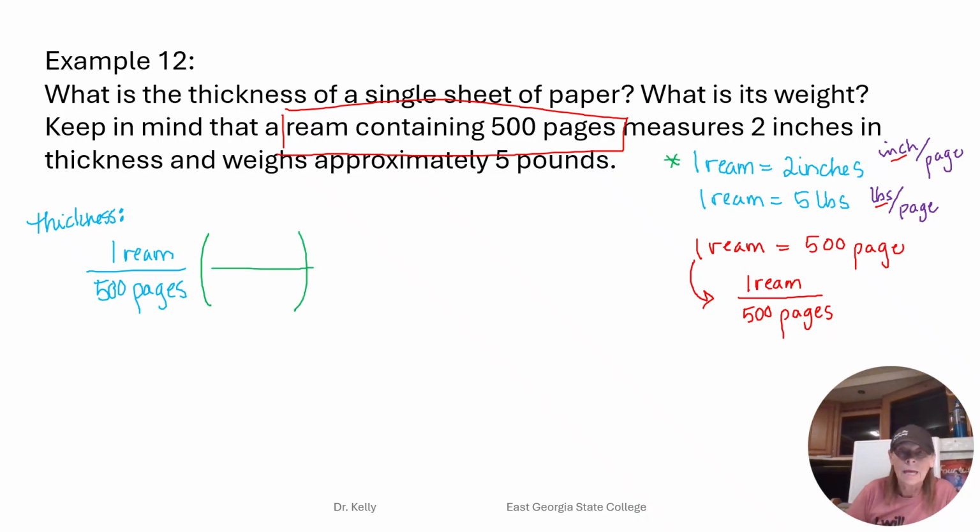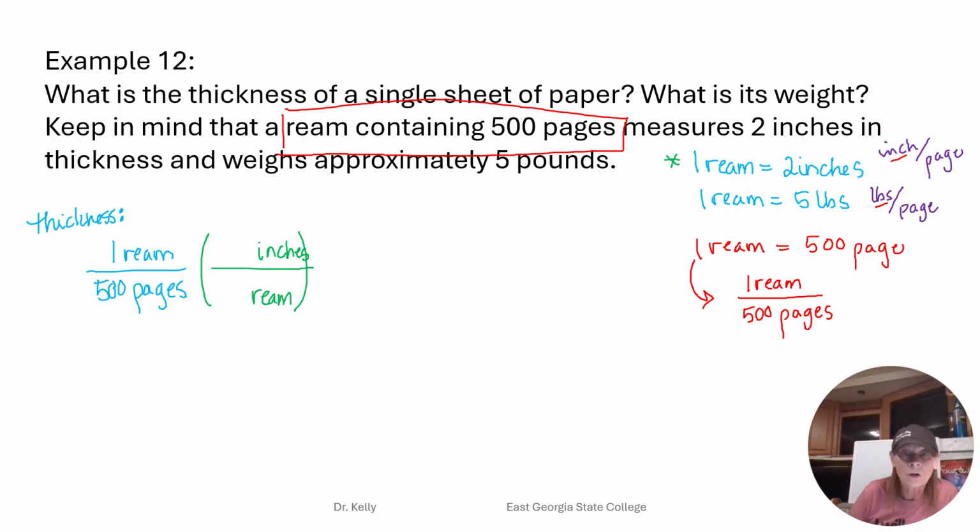We have to cancel something out here, and we're looking for inch per page. So the ream's got to go. So we're going to have to write the ream down here, and here we're going to do inches. Now see how it's all about where we set that unit. That's what lets us know how this math is going to go. So it's really, really important that you understand that.